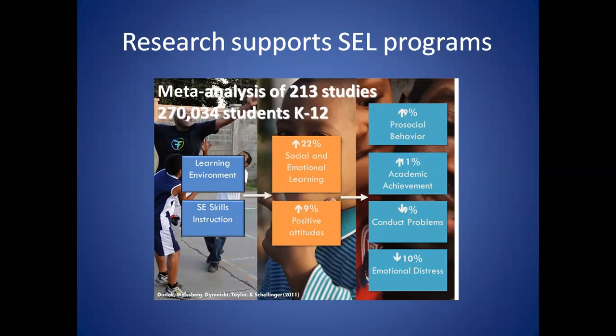There was a 22% increase in the measurable emotional learning, 9% increase in the attitudes, but there were also increases in academic achievement and pro-social behavior, meaning they not only got along with others, but tried to help their peers get along with one another. And there were decreases in conduct problems and emotional distress.